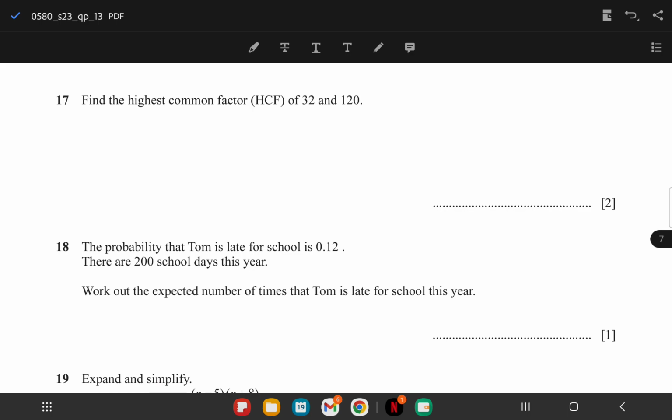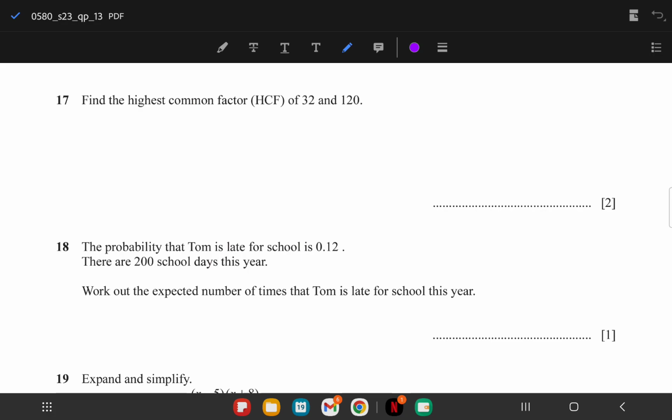Okay, find the highest common factor of 32 and 120. When it comes to highest common factors, there's more than one way to do this one. Some like to use prime numbers. I really like to just list out the factors and find out what we have in common.